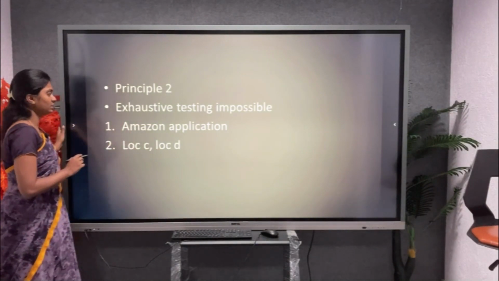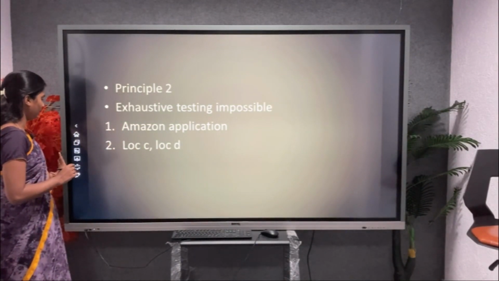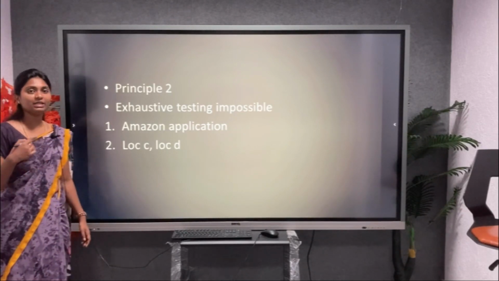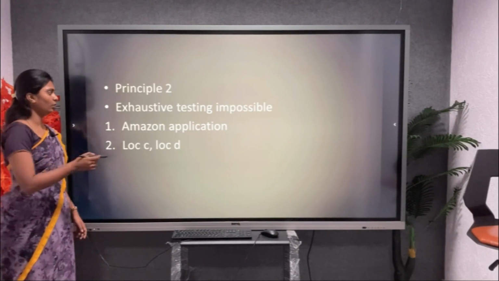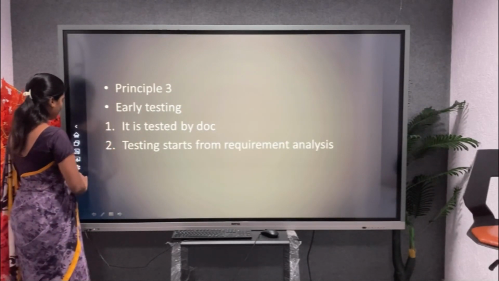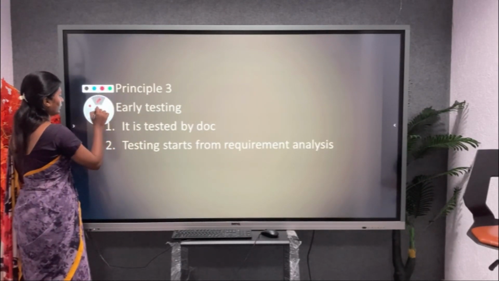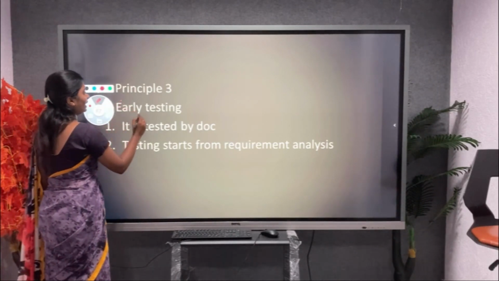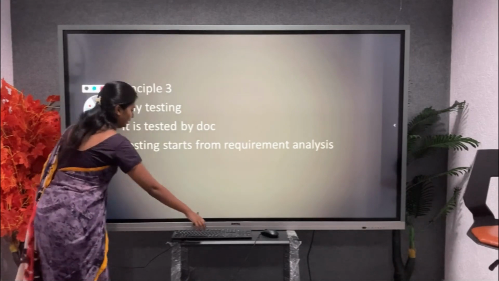The next principle is why exhaustive testing is impossible.